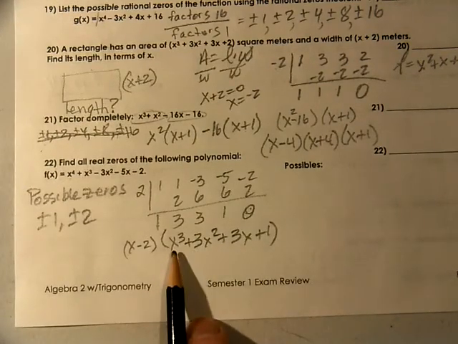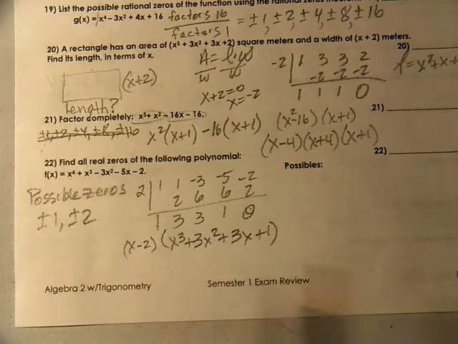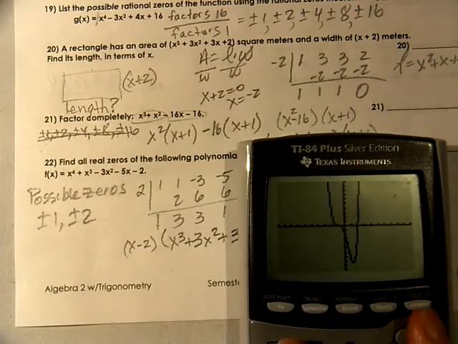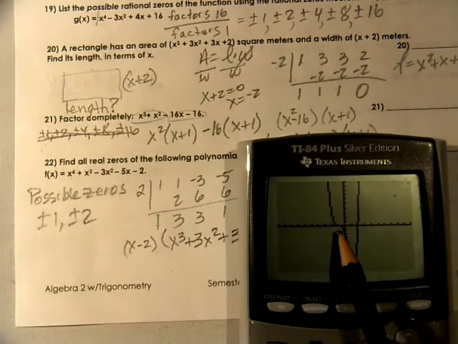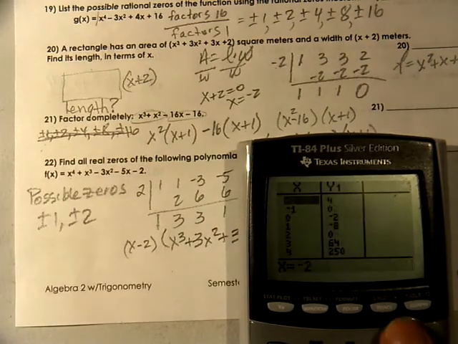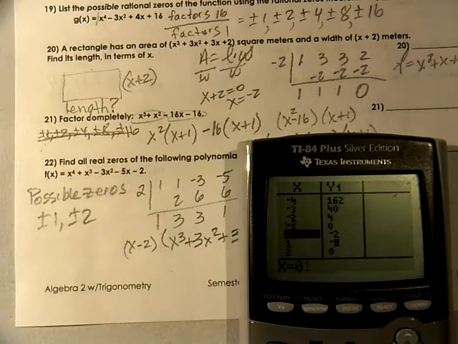Well, this is a cubic still, and it doesn't look like I can do factor by grouping. So I'm going to come in here and look at my graph again. Looks like that could be another spot. I think it might be hitting at negative 2 is a 0. No, sorry, I read it backwards.